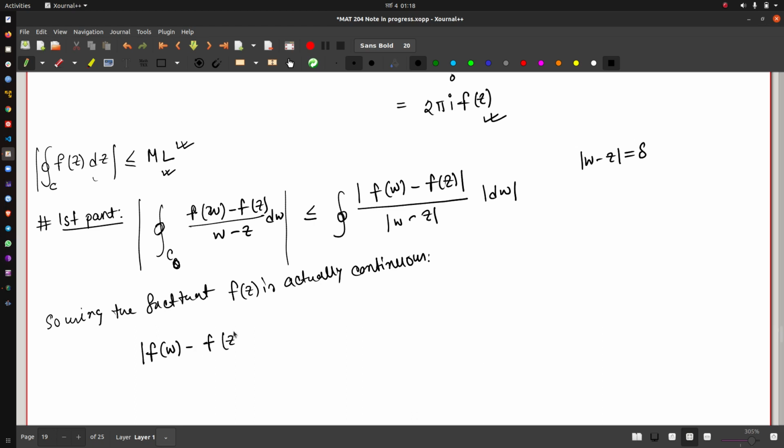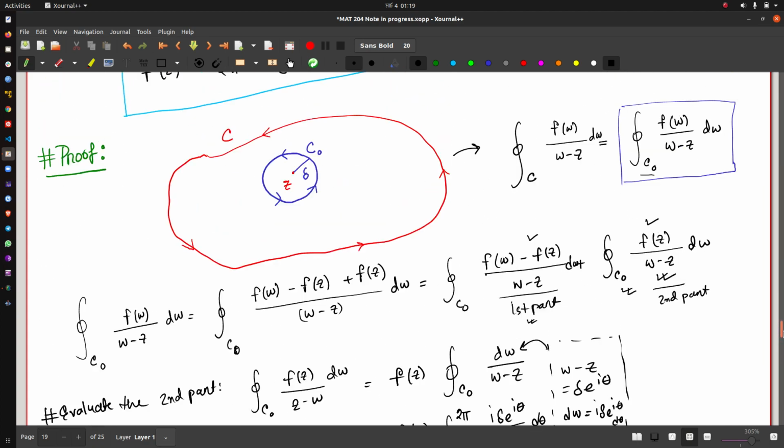That means between these two the difference will be less than epsilon, where epsilon itself is very small, and for this small epsilon we should find some delta, which is denoted as modulus of w minus z, whatever you want to write over here. Because this is a modulus, it really doesn't matter, and this delta is actually the radius of this circle, right?